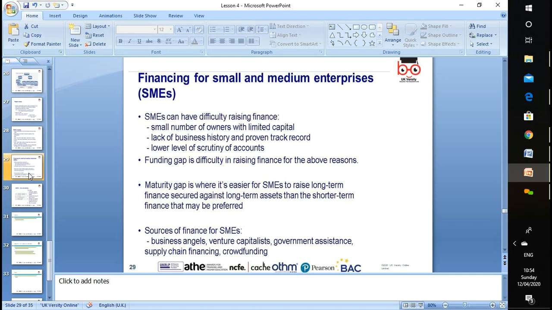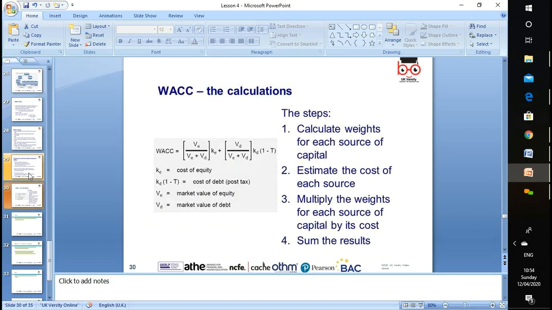Sources of finance for small and medium businesses include business angels, who are rich people, venture capital, government assistance, supply chain financing and crowd financing, which can be better sources of finance for these small and medium-sized enterprises.